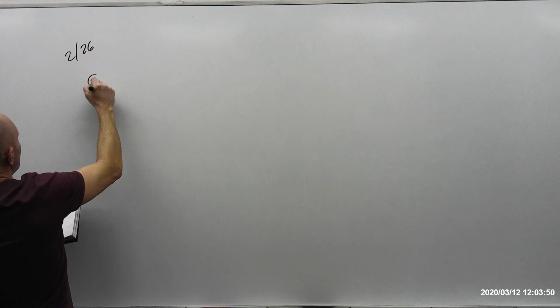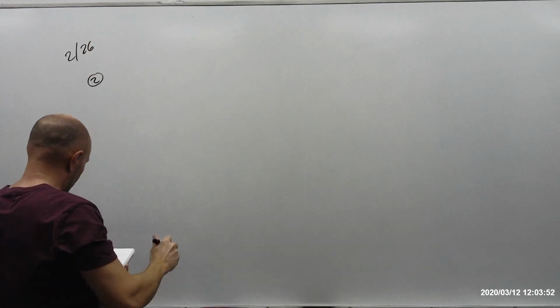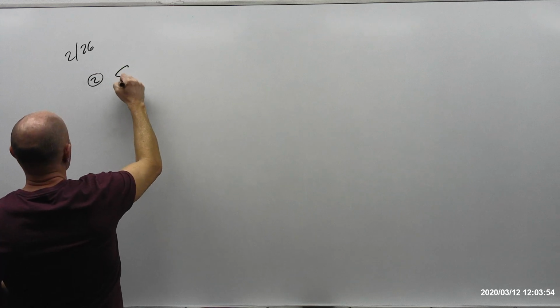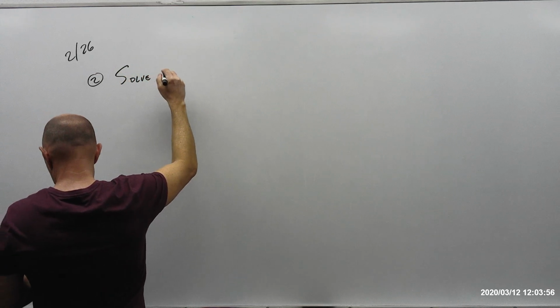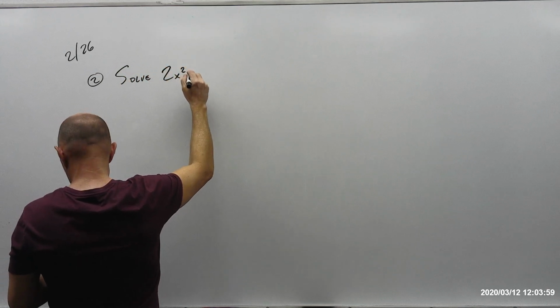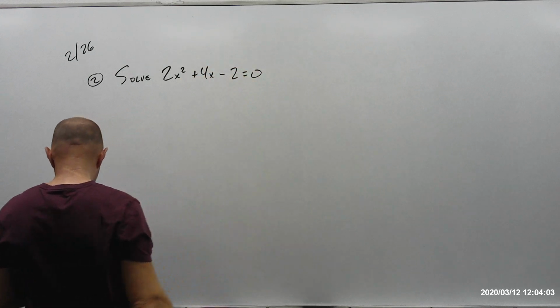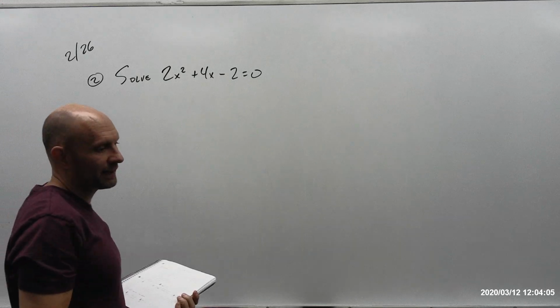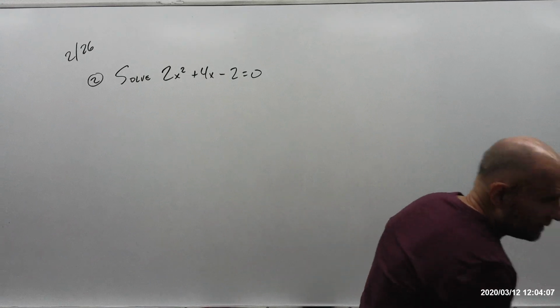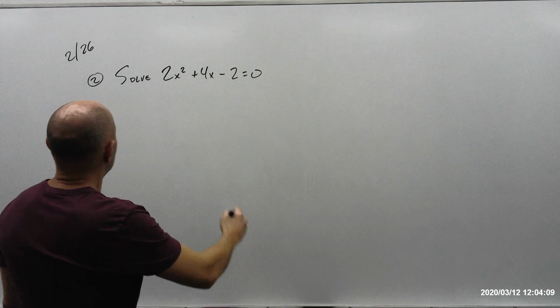Question number 2 is a quadratic. We want to solve 2x squared plus 4x minus 2 equals 0. So this one I cannot factor, so I'm going to need to use the quadratic formula. So I have what?